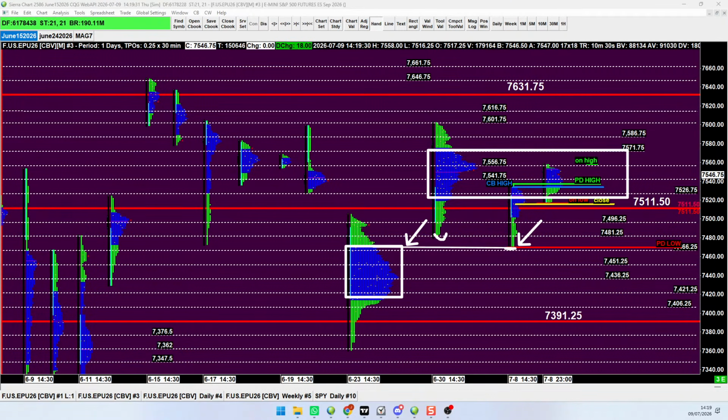This is the current overnight. And overnight inventory, my friends, is 100% long. And we have not had a decent correction. In fact, if we open here at 75.46, we're going to open on a gap.